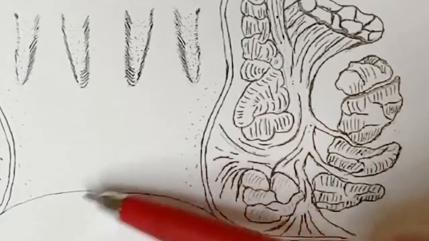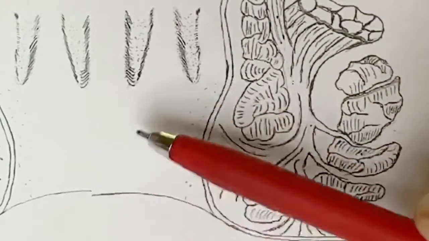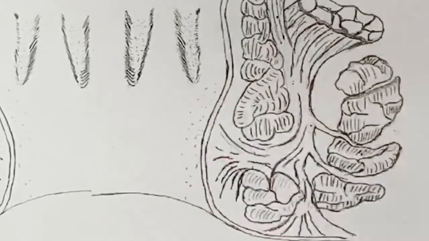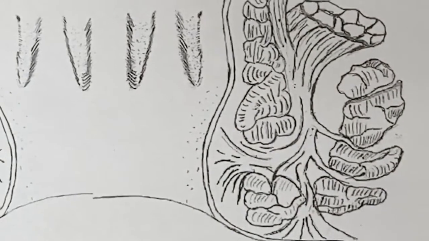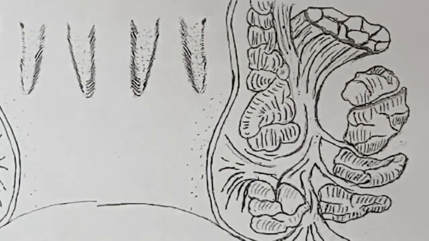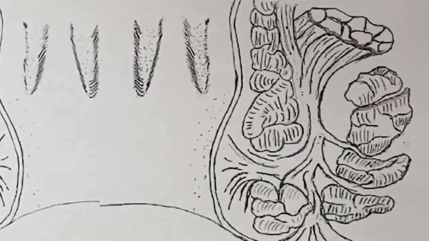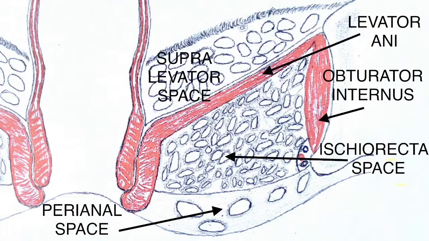On the posterior side of the anal region, the anococcygeal attachment comes, no? So that is called the post-anal space. So this is about the ischiorectal fossa and some other submucosal, pelvirectal, central, intersphincteric and post-anal spaces.